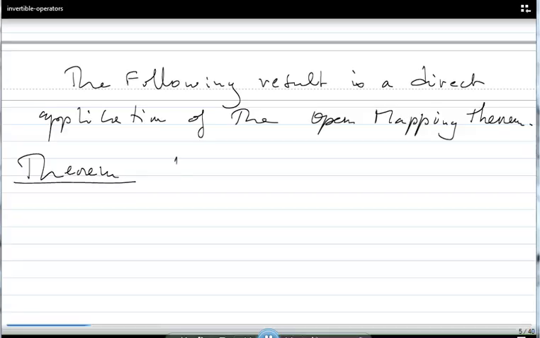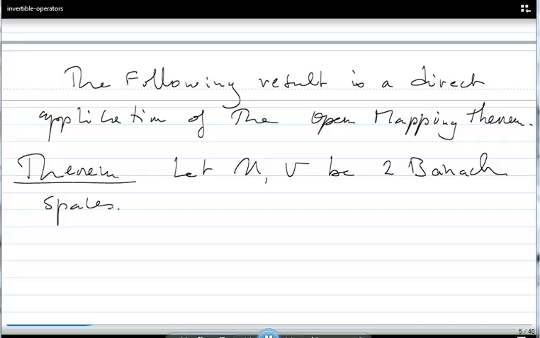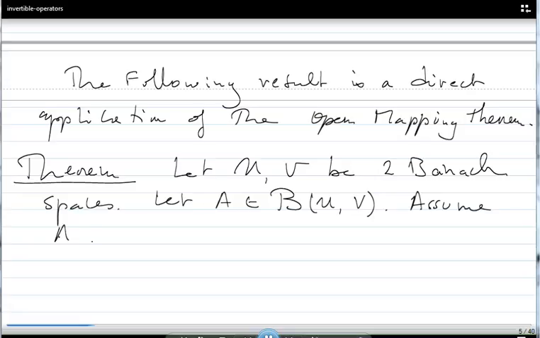Let U, V be two Banach spaces. Let A be a bounded linear operator from U to V. Assume that A is invertible, that is, A is a bijection. So we do have an inverse.